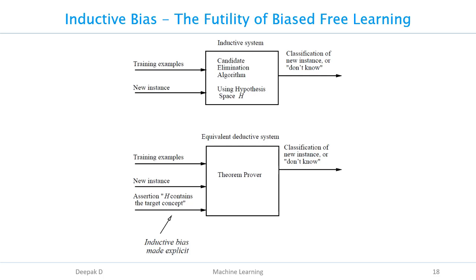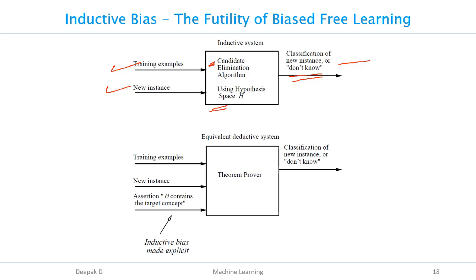Here you can see in the inductive system two inputs are there: one is the training examples and the other is new instances. And what is the output here? You have the classification of the new instance, or don't know. And here what we are doing is the inductive bias on the candidate elimination algorithm using your hypothesis space.